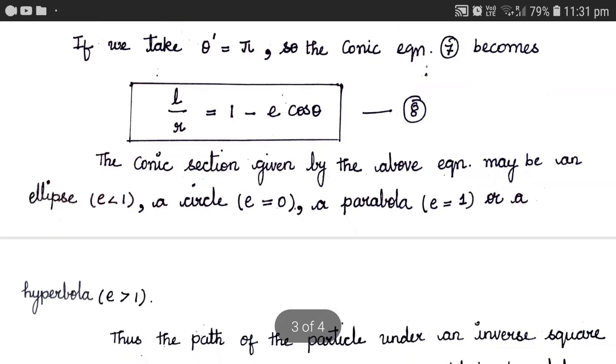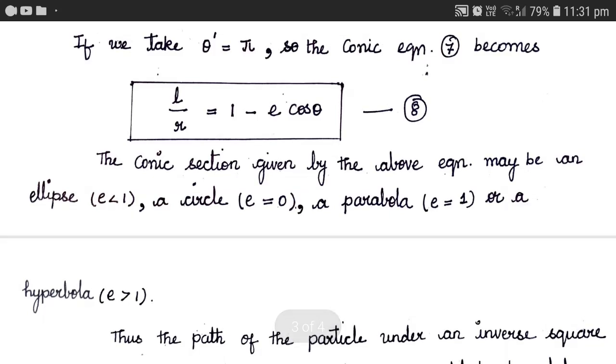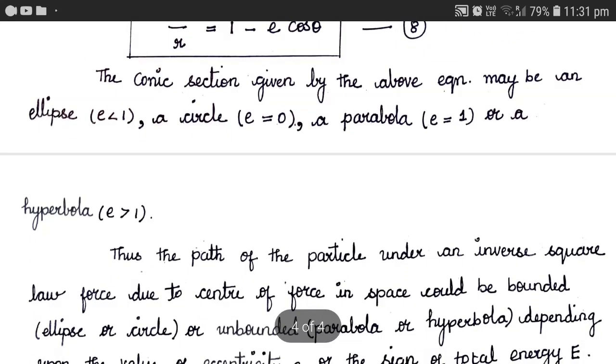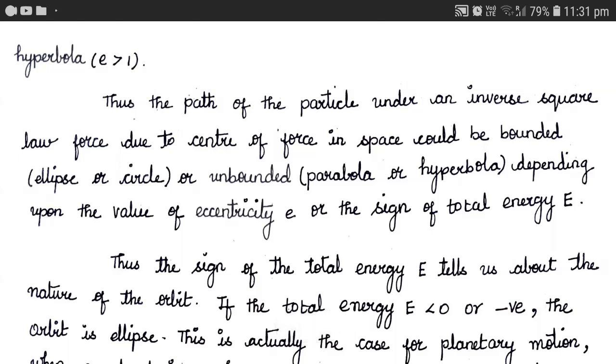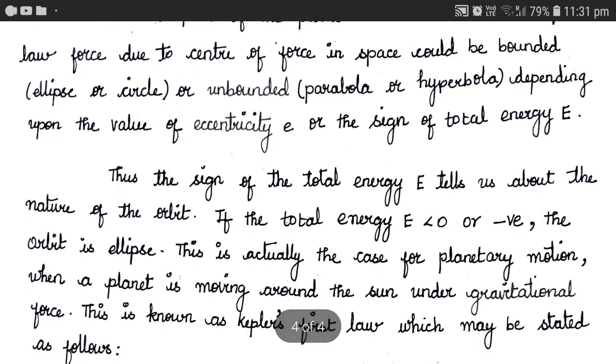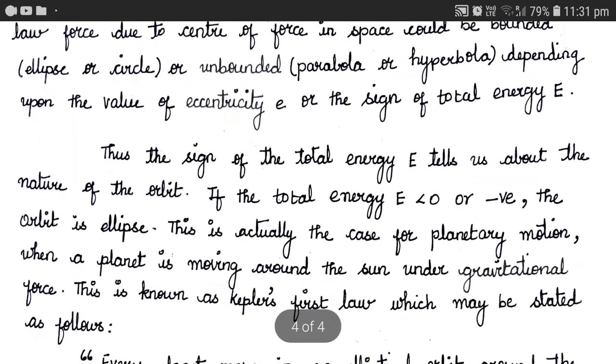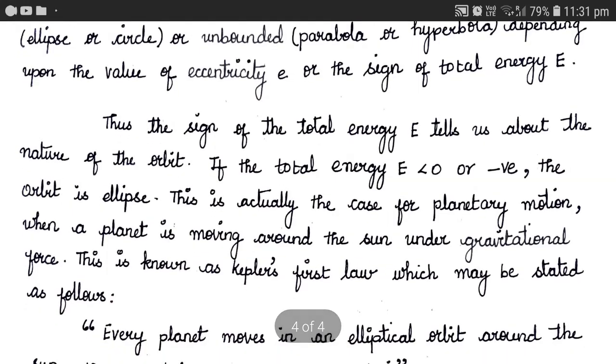So, the conic section will be defined by what the above equation represents, depending upon the value of E. Thus, we can say the path of the particle under an inverse square law force due to the center of force in space could be bounded like a circle or an ellipse, or unbounded like a parabola or hyperbola, depending on the value of eccentricity and the sign of the total energy.